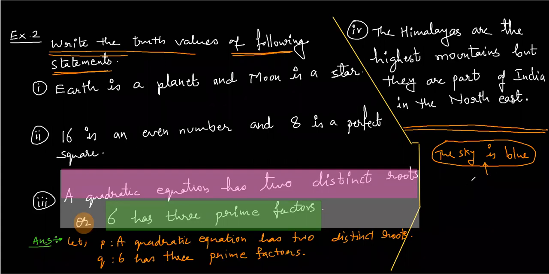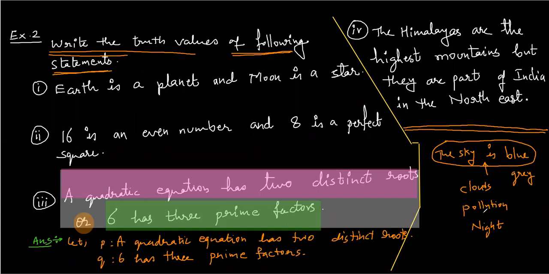But if the sky is full of clouds, or if there is a lot of pollution, or if it is night time, then it changes. If the sky is full of clouds, it will appear gray.